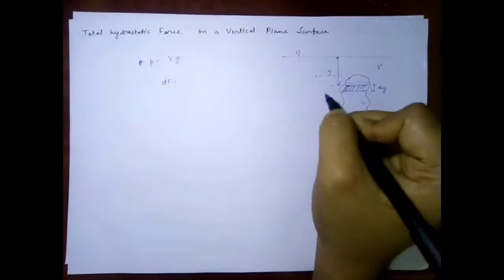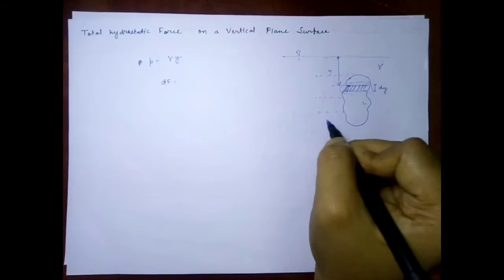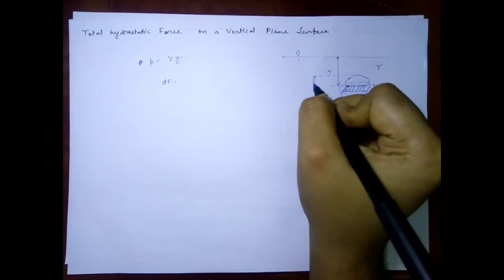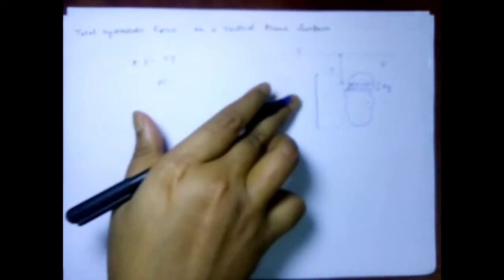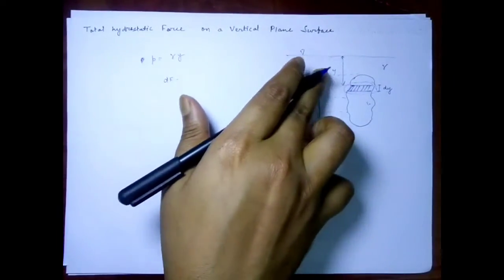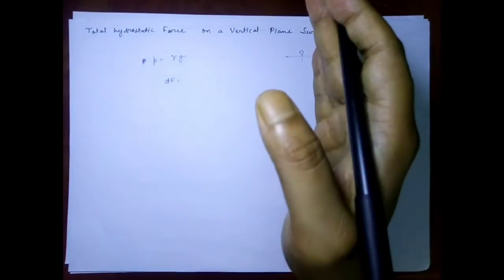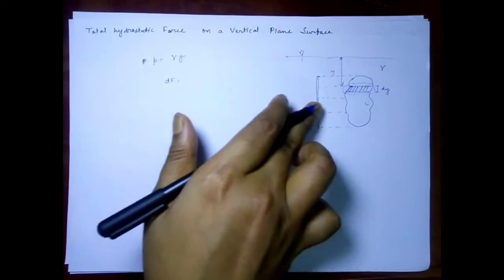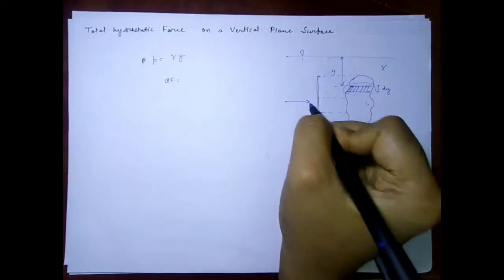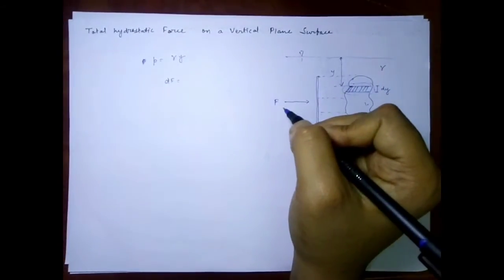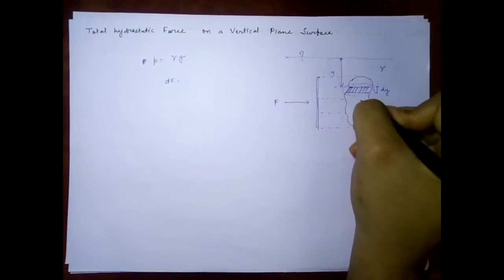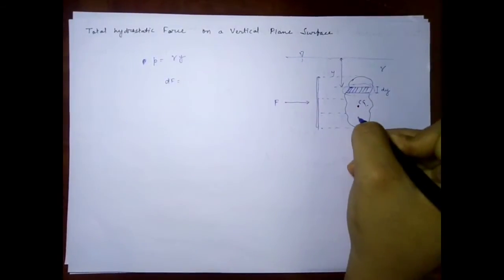Let us take that the body looks like this, totally vertical, and the liquid is going to exert force on it in this way. So we can have the force over here, and let us take that this is the CG and this is the CP.